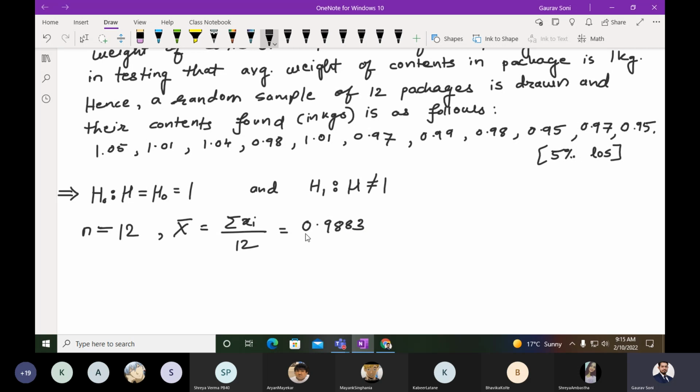Then what do we need? We need the value of s. How do we find out the value of s? S is the square root of s square. The formula was given for s square. So I'm going to do under root summation xi minus x bar square, divided by n minus 1.